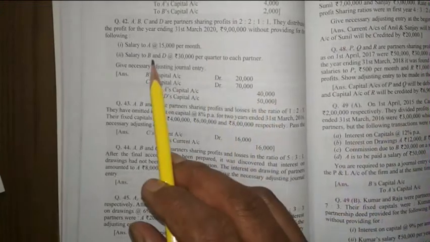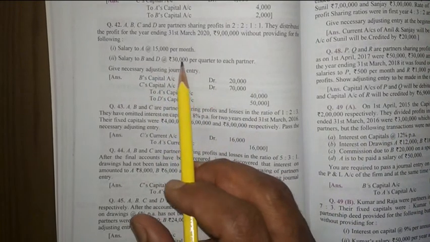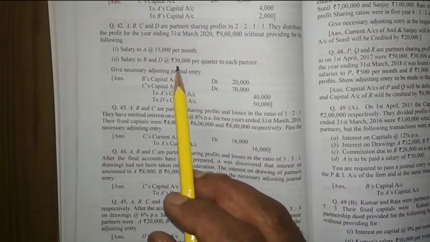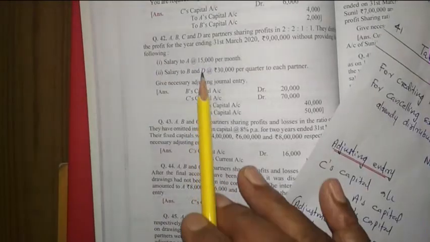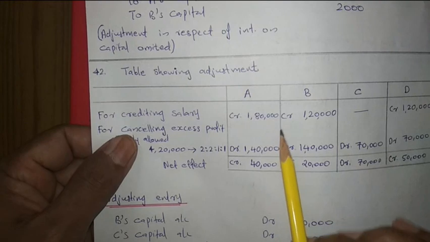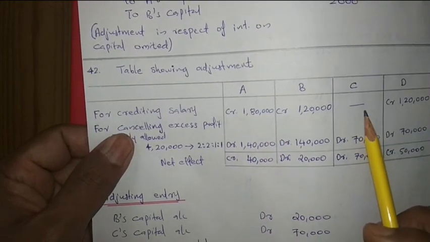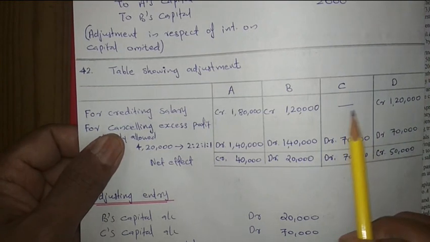It is 30,000 per quarter, so multiplied by 4, 1,20,000 is coming. A's salary is 15,000 per month, multiplied by 12, so 1,80,000 is coming. C is not getting any salary, so this column is empty.